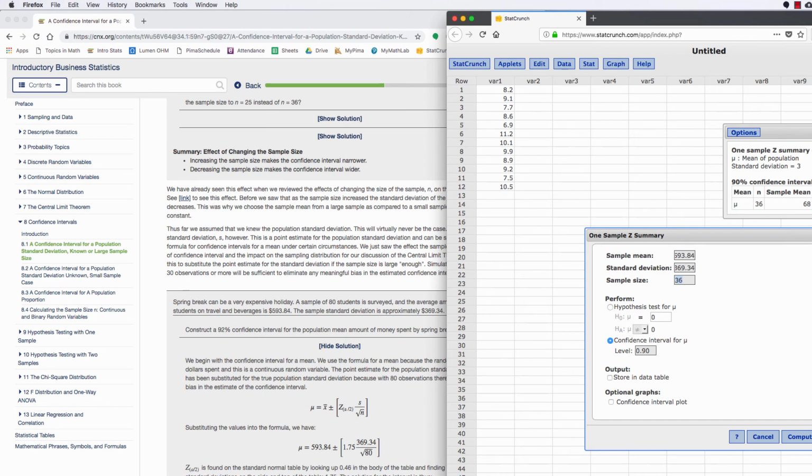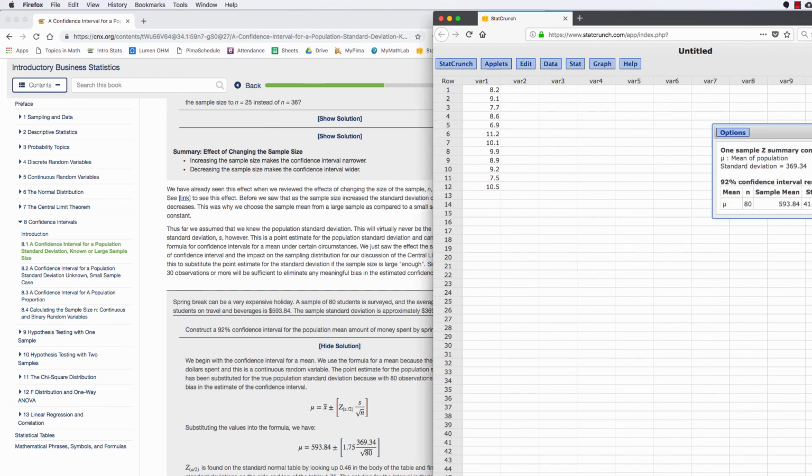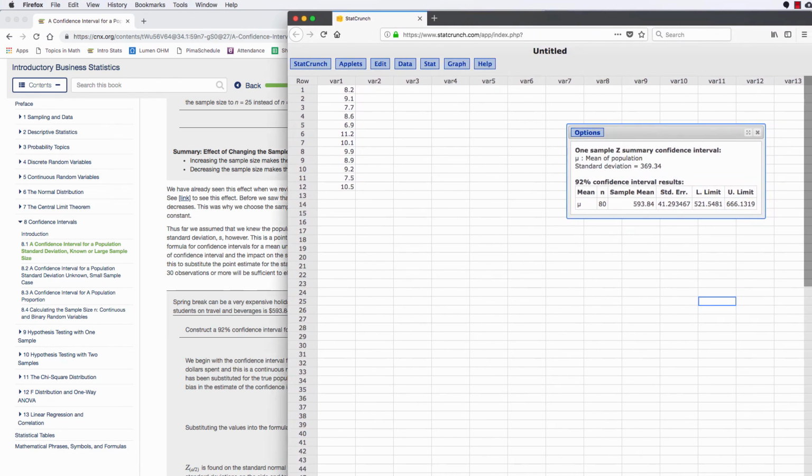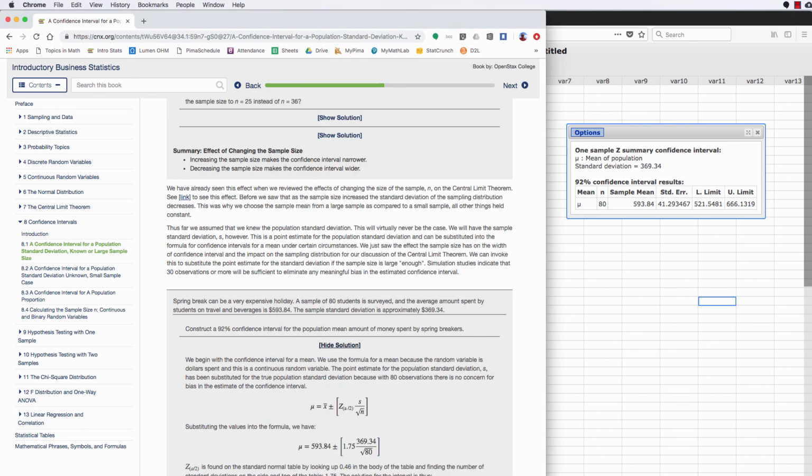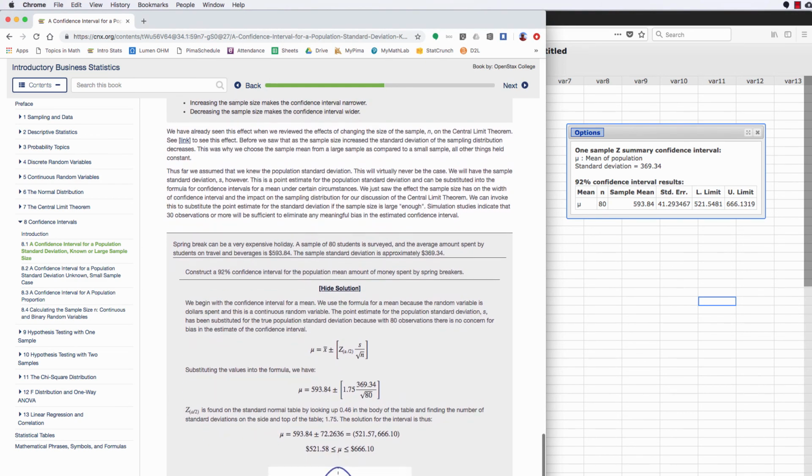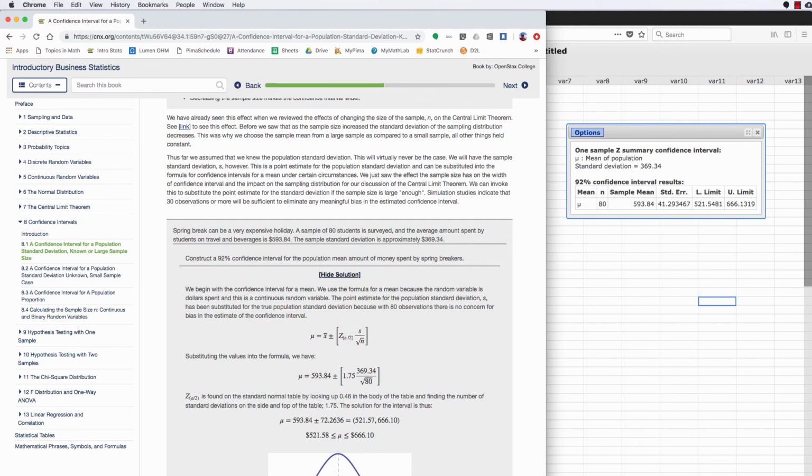And the sample size was 80. And we're going to do a 92% confidence interval. And when we compute, we will see we get 521.54 and 666.13, which I believe is the same answer we got on the calculator, but not what the book has. But it's close. And if we have issues, I will adjust it.